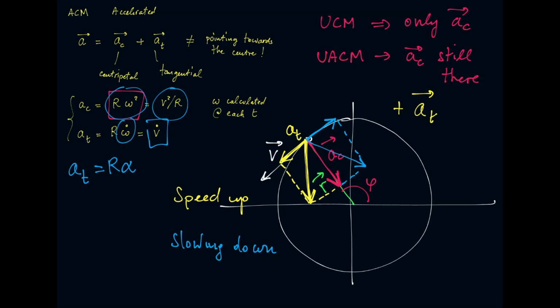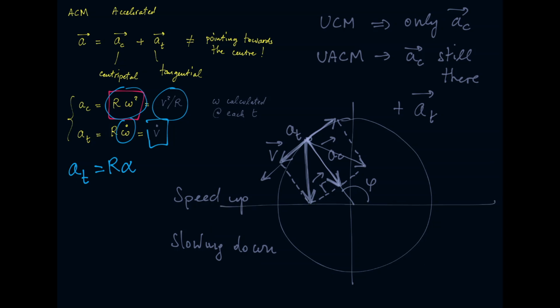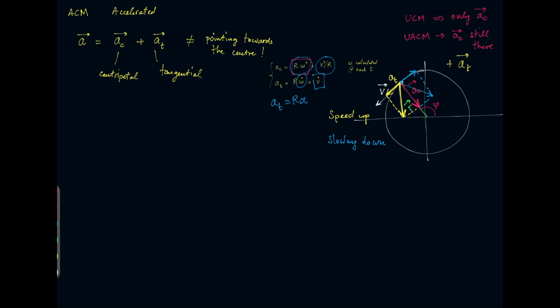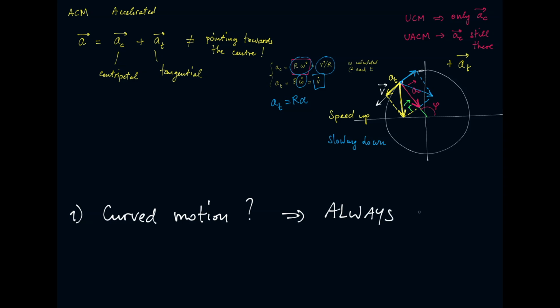Let's do a quick zoom out and a very quick recap. One: do you have curved motion? There's always a centripetal acceleration, and this is always equal to r omega squared.